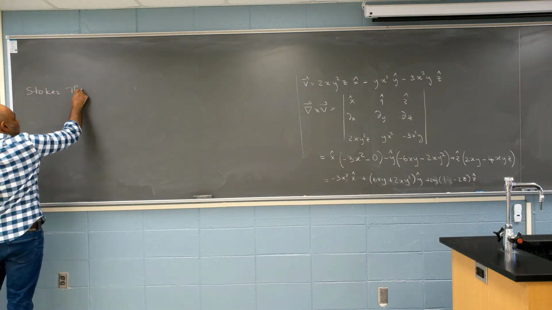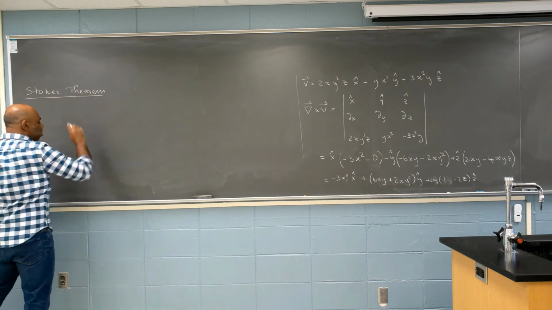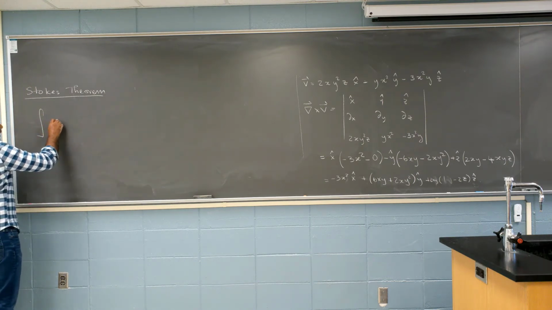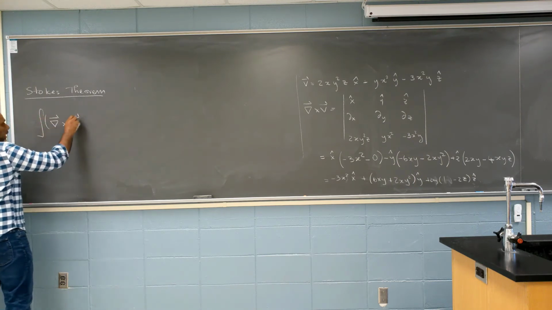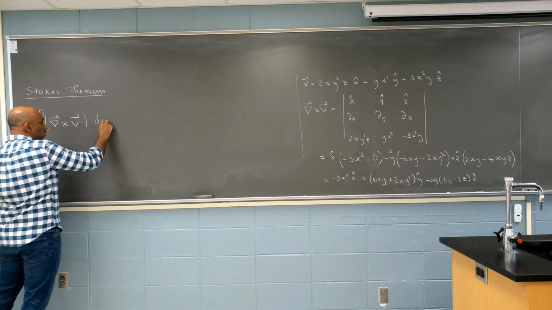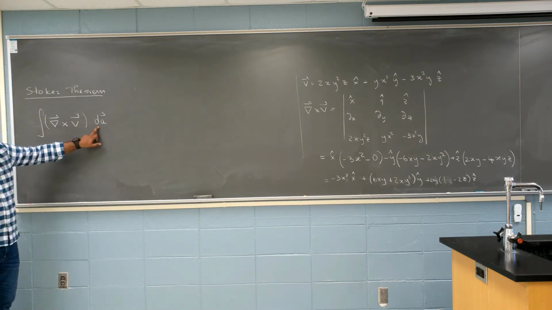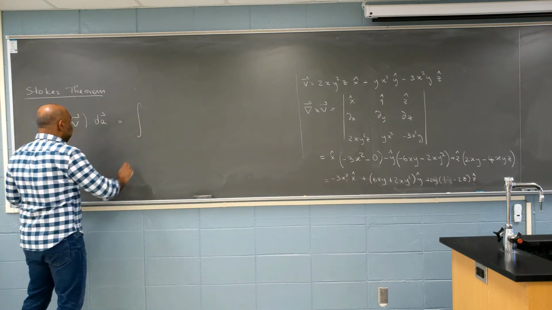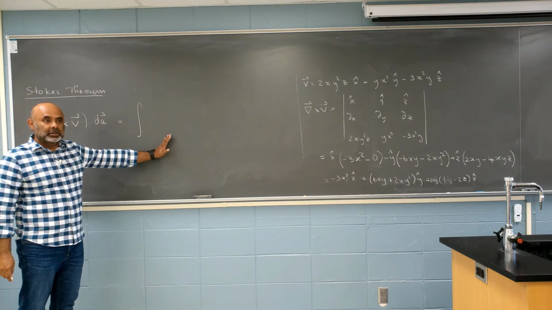Stokes' theorem. Let me write the theorem first. If I take the curl of a vector field and do a surface integral, which means I have to specify the normal, which way the normal is pointing, I get the line integral around the boundary of a two-dimensional surface.